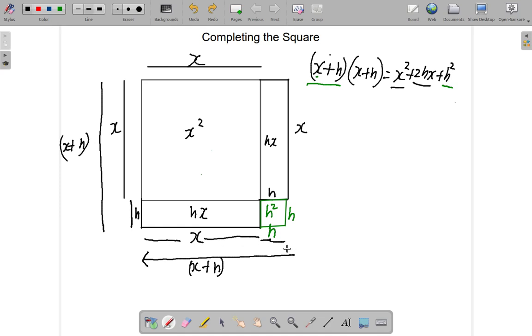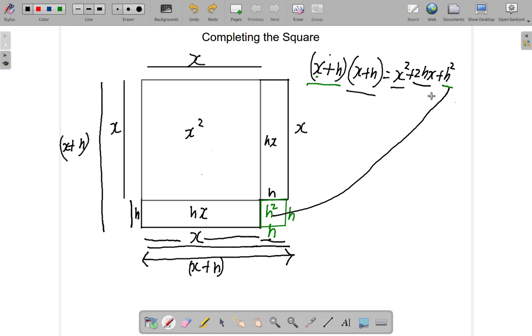From this edge to this edge is x plus h, because I go across x and then I go across h. So it's x plus h and x plus h. And of course, having added this little square, it completes the square because it fills in the empty space. So now after I added the h squared, I have a complete square.